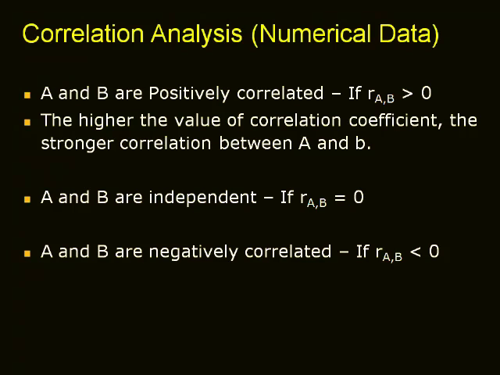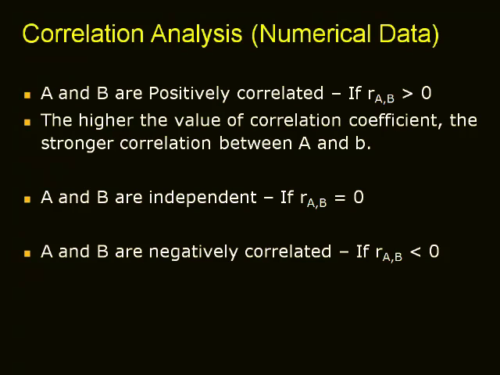A higher correlation value may indicate that attribute A may be removed as a part of redundancy. So if the correlation coefficient is greater than 0, that means A and B are positively correlated. Positively in the sense that A's values increase as B's values increase. That's why we say the higher the value, the stronger the correlation.